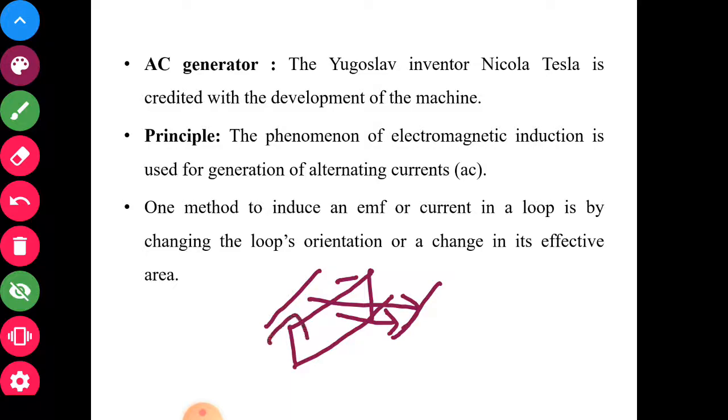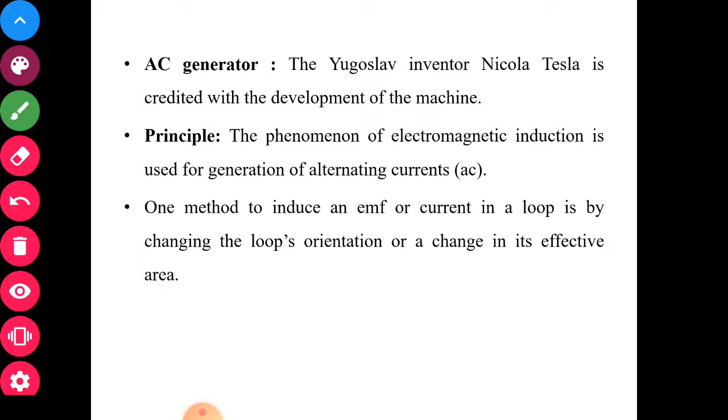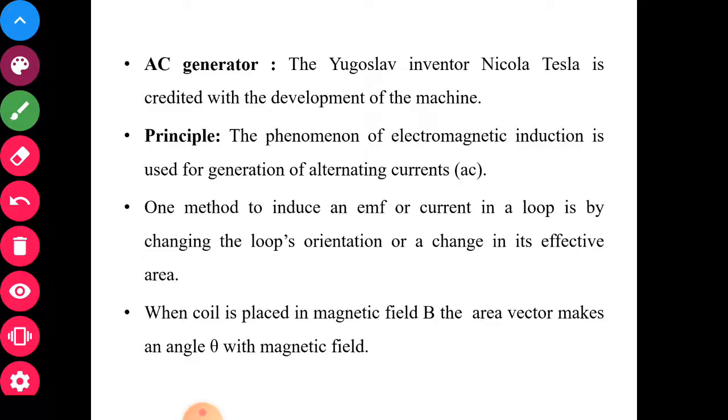Now when you rotate this, the area vector makes a different angle at different time intervals with the magnetic field. So the flux associated with this continuously changes, and due to the change in flux, the electromotive force and induced current are produced.